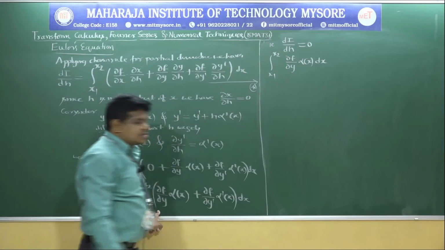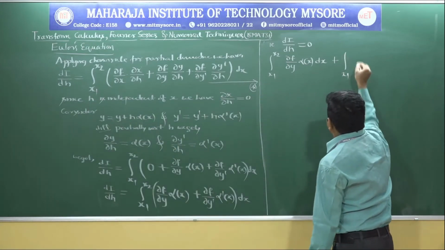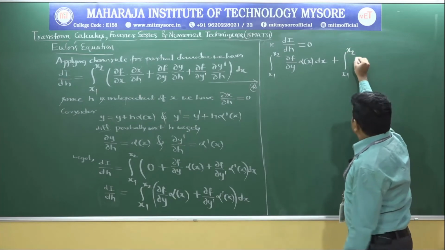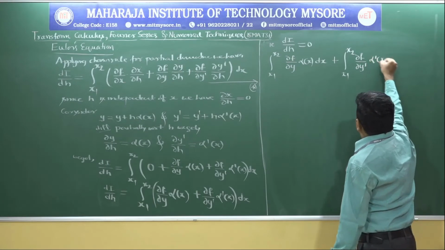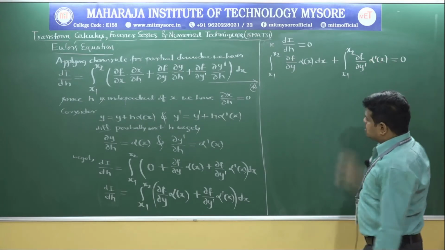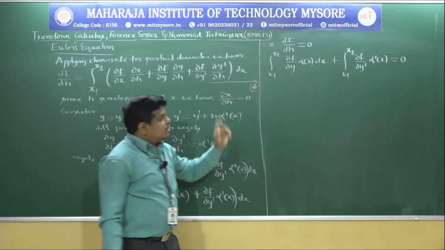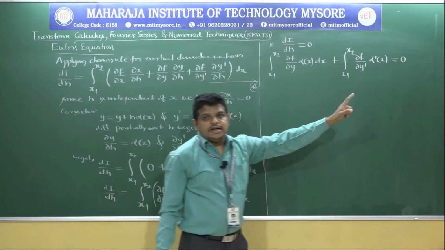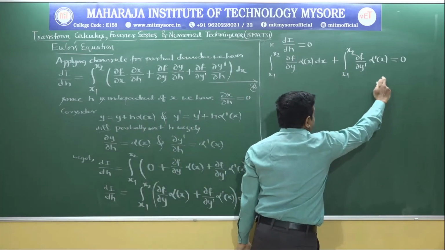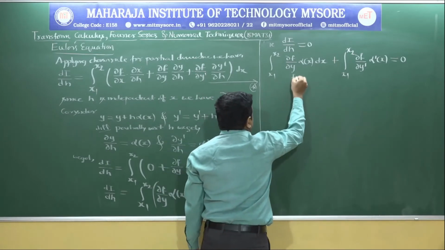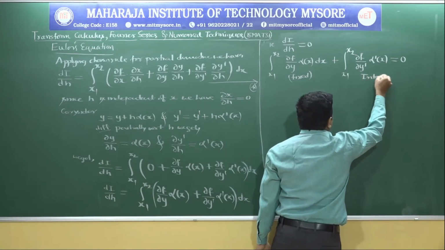Here I am splitting the integral, plus the second integral, x running from x1 to x2 of dou f by dou y dash into alpha dash of x, equals 0. Now keeping the first integral fixed and integrating the second integral by parts, that is we are using the integration of u v dx rule.